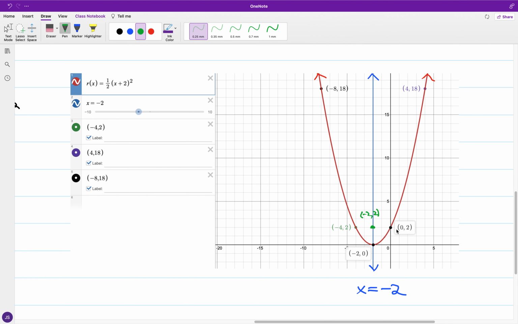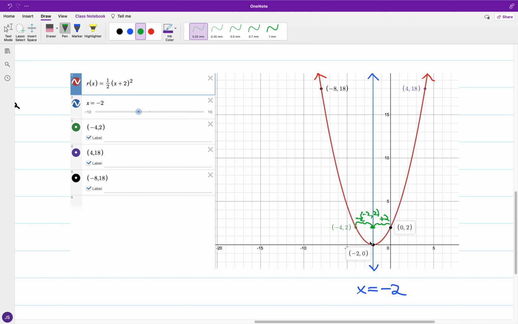This point is level on the axis of symmetry with respect to the y-intercept. Notice from negative 2, 2 to 0, 2, I'm going 2 spaces to the right. If I mirror across and go 2 places to the left, I have this other ordered pair at negative 4, 2.